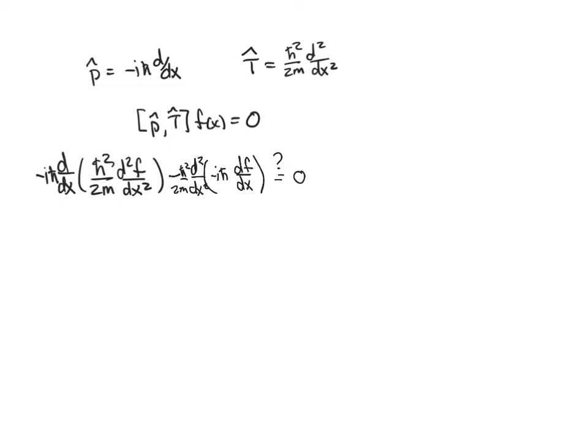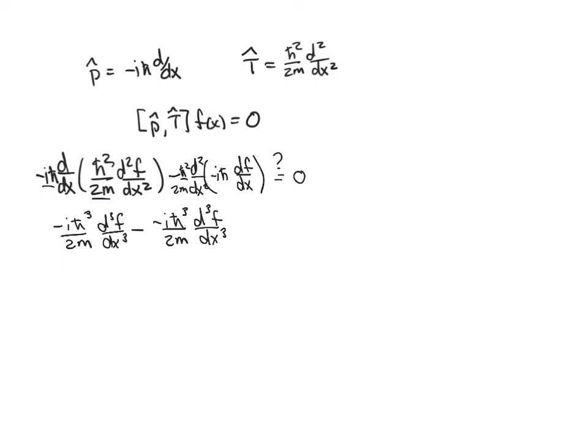So if I look at all of these constants, I can just lump them all together, and I have minus i h bar cubed over 2m. And then if I take the derivative of the second derivative, I have the third derivative of f with respect to x. And then over here, same group of constants, lump them all together. And then I can take the second derivative of the first derivative, which again gives me the third derivative of f with respect to x.